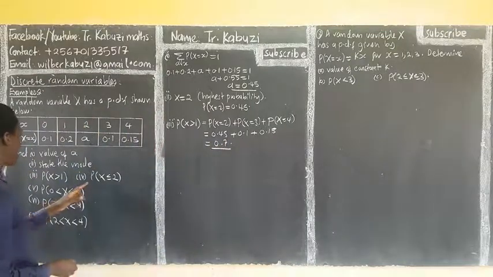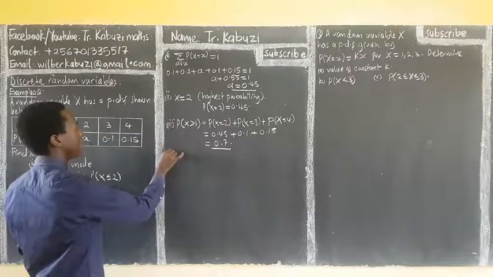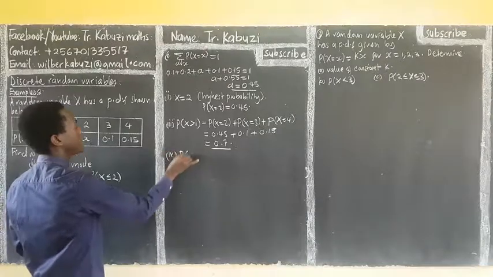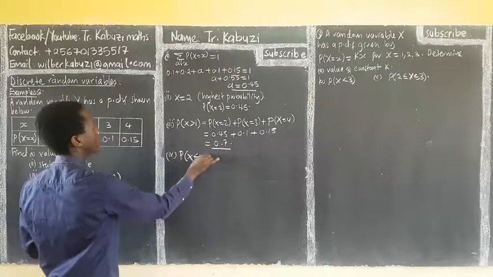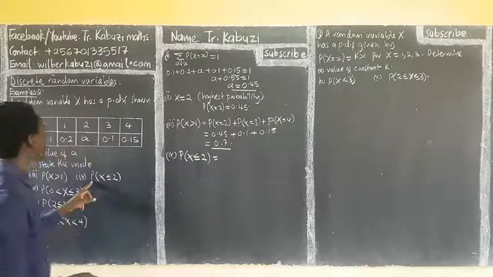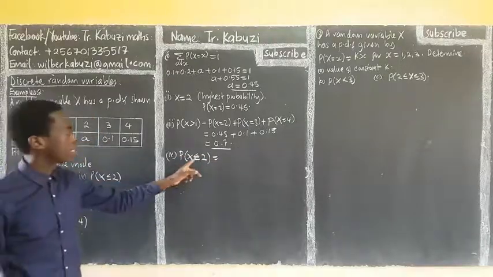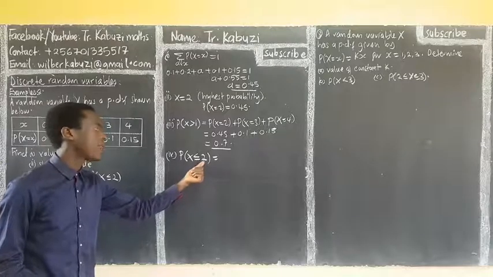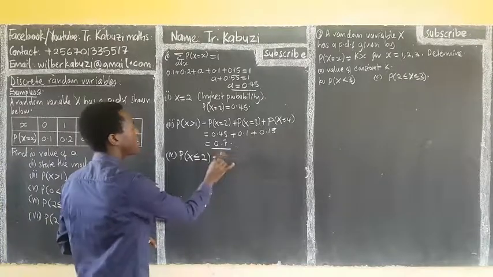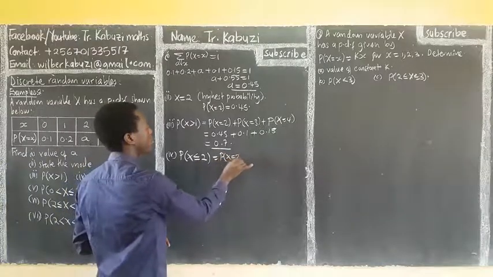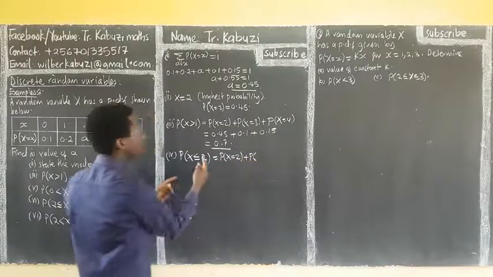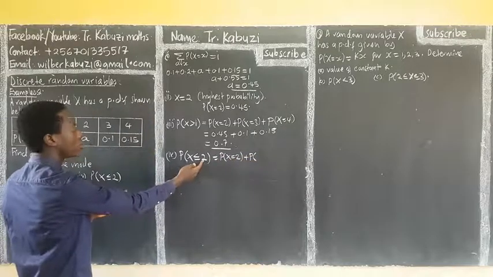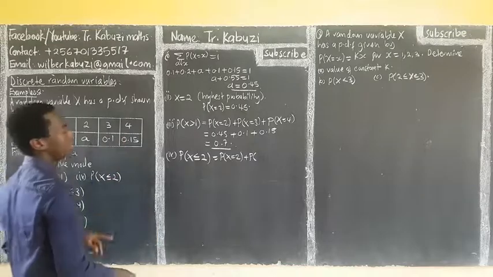When I come down to this probability, in marginal form, the probability when X is less or equal to 2. Because it's less or equal to, it means that we also take 2. So we start from X equal to 2, then the values which are less than or equal to 2, we have 2, 1, and 0.